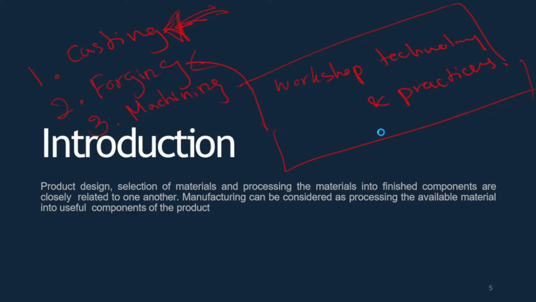Dimensional accuracy is very low compared with machining. There are also some defects, such as porosity. Mechanical properties are also generally lower than forged parts.